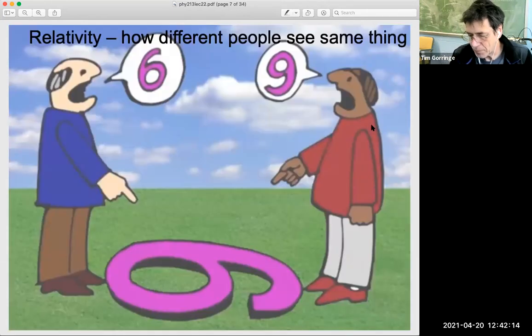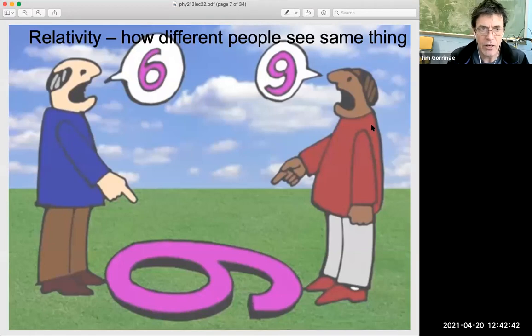And I thought I'd show you this little cartoon because I kind of like it, because relativity is all about understanding in physics what things are relative and what things are absolute or invariant. What things different observers can see as different and what things different observers always see as the same. So that's really what relativity is about. That's the key to relativity.